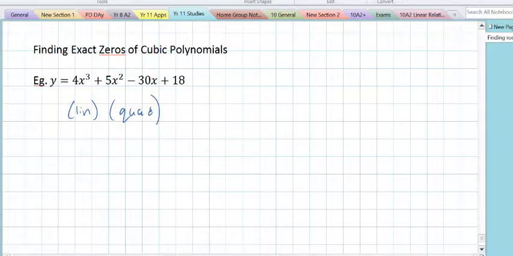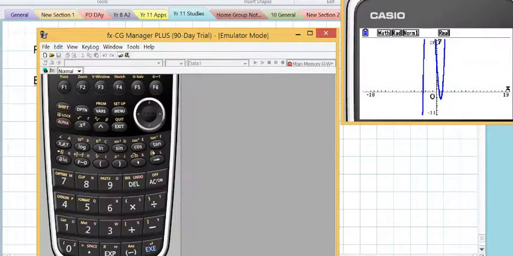Okay? So we know that one of the roots should be quite simple. We know that the linear should be easy enough. And we can find that linear by graphing. That's the graph. Do some zooming to change it, and then look at the intercepts.